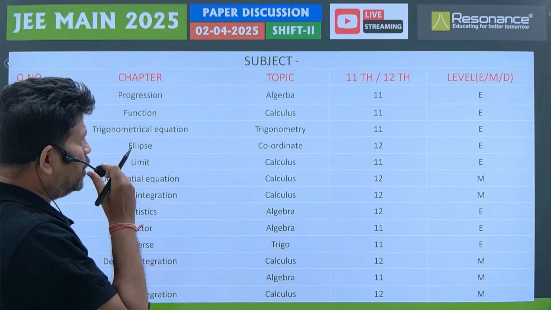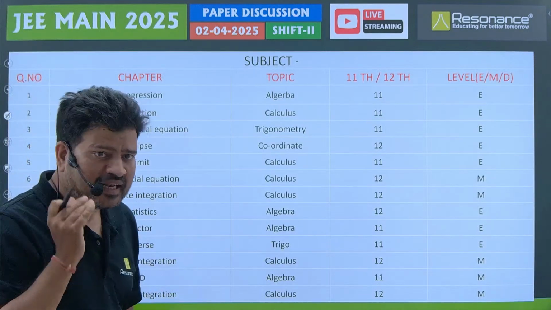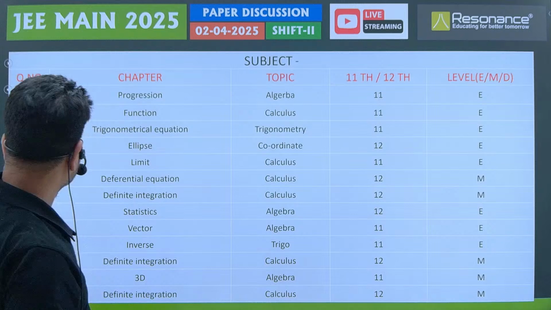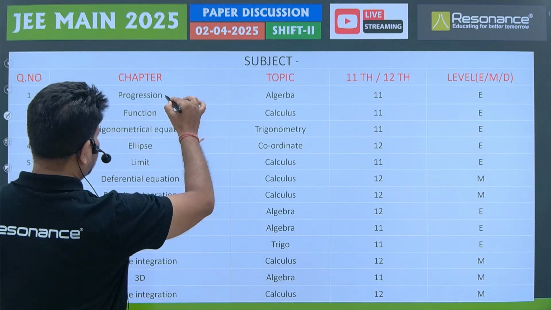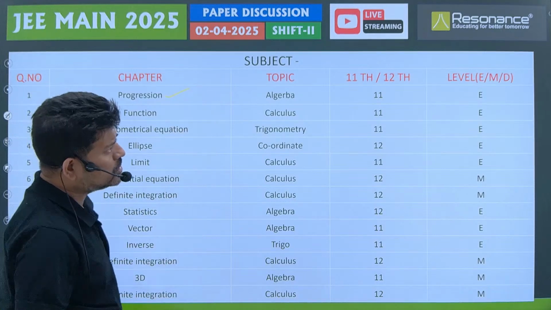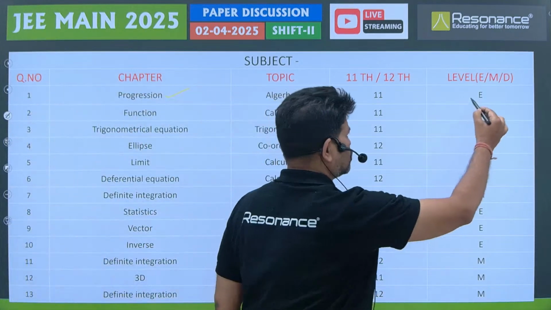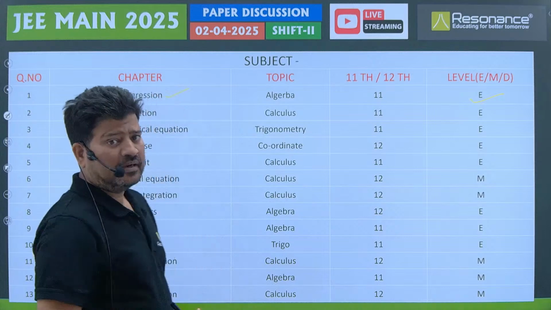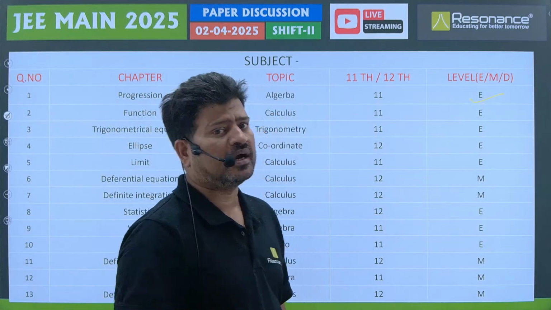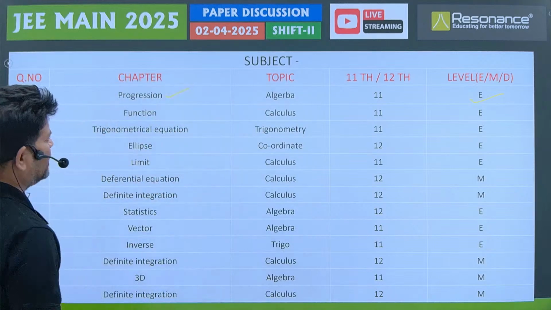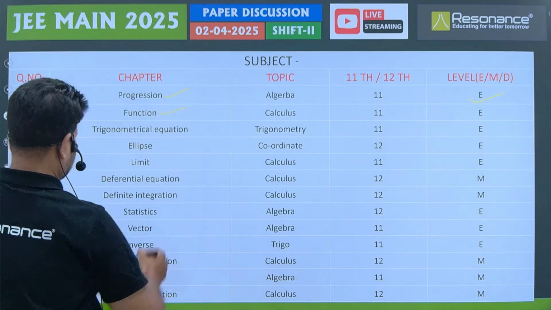Yeah. So now we can see the analysis part in mathematics. You can see progression, one question came already. Good. And this is an easy question also. As we find here, with respect to the first shift, this shift paper is an easy paper. Function question also they touched.